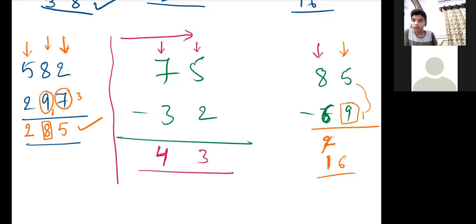Okay. All of you see here carefully. 75 minus 32. It's a natural subtraction. Directly possible. Subtraction is possible. 7 minus 3 is 4. 5 minus 2 is 3. That's all. Satvika.